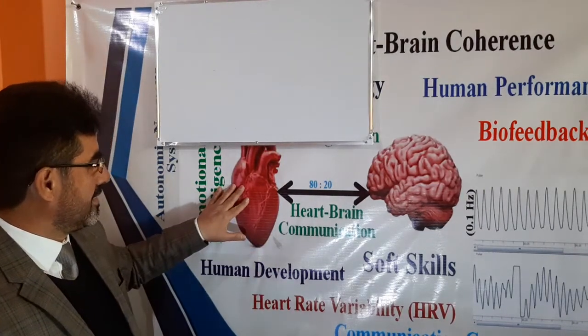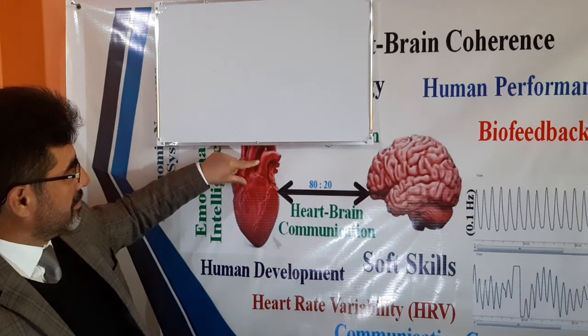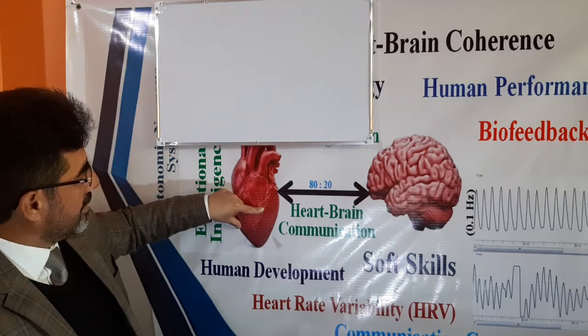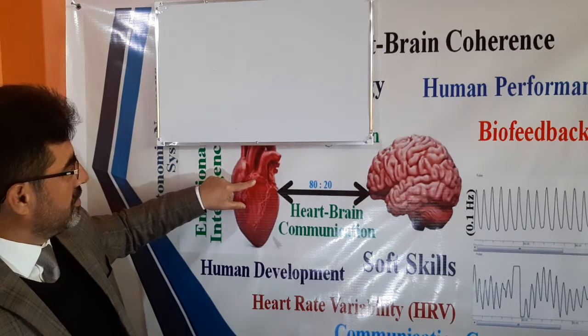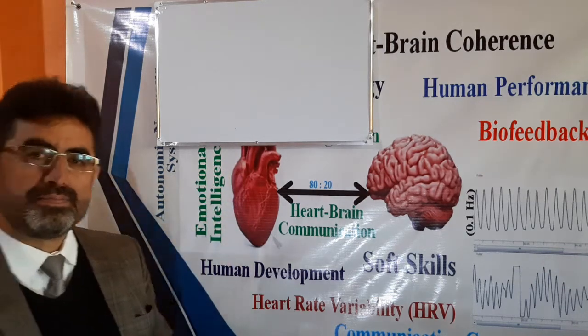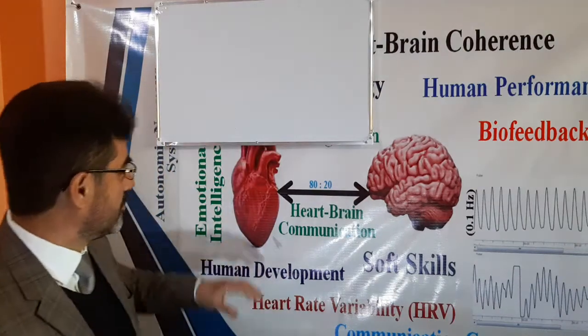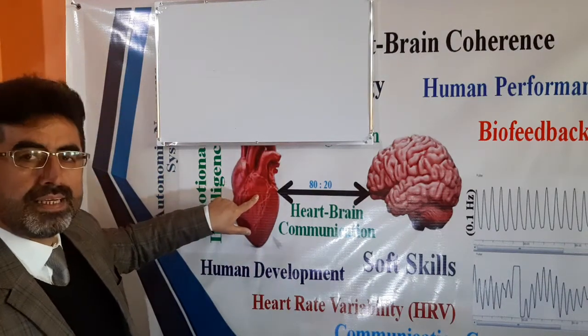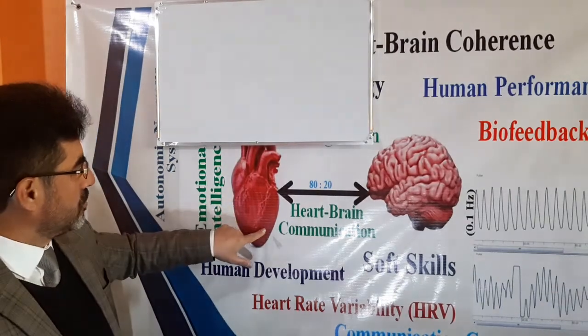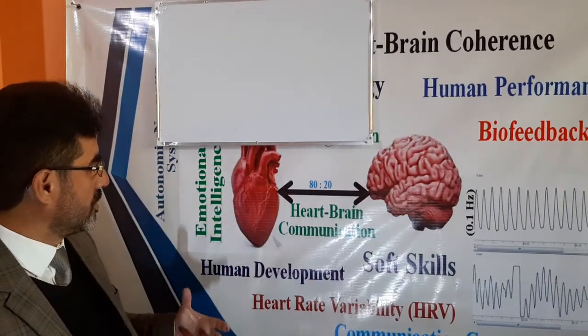After that, the AV node allows the electric impulse to transfer to the bundle of His, and also to the Purkinje fibers, to start the contraction of our ventricles.